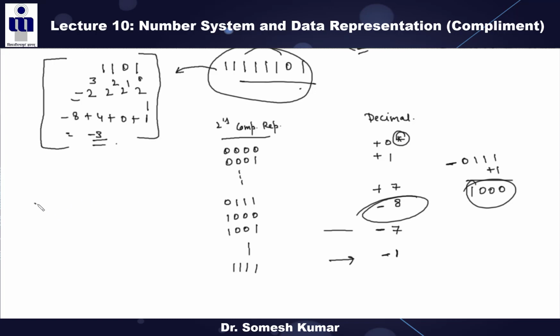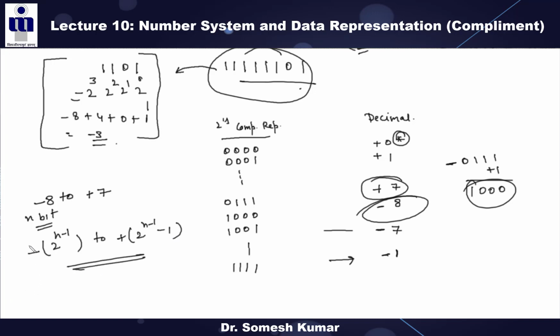The range is minus 8 to plus 7. For n bits, you can write minus 2 to power n minus 1 to plus 2 to power n minus 1, minus 1. Clear? This is the generalized formula for the range of 2s complement representation.